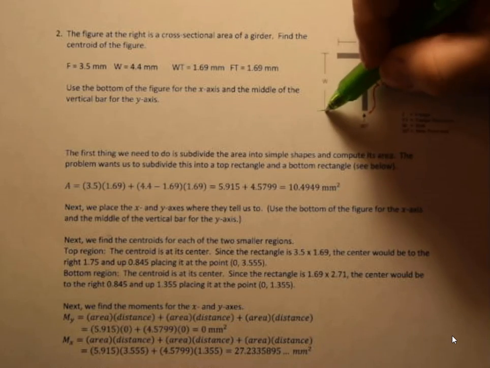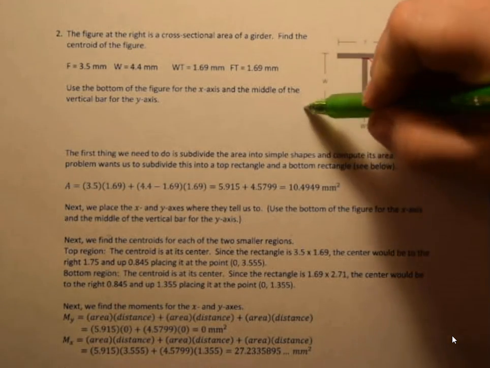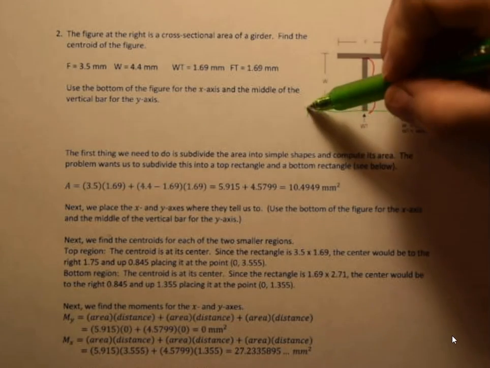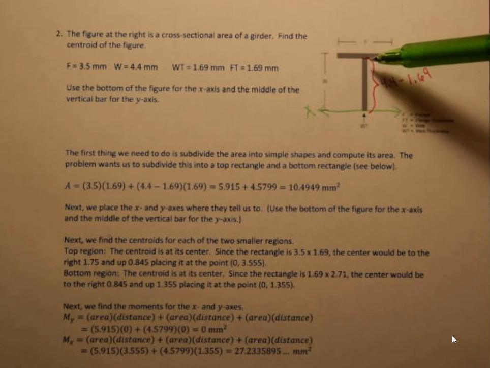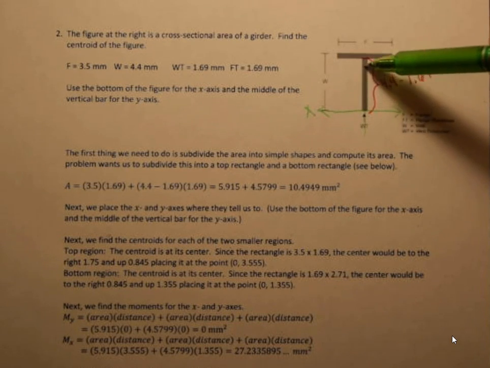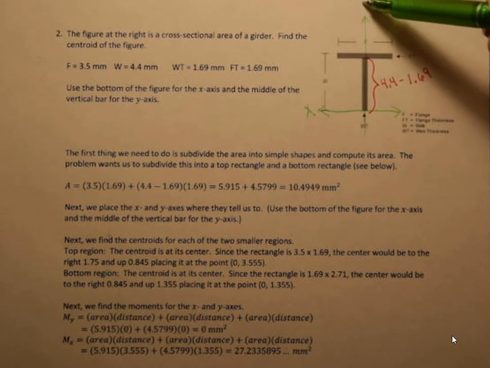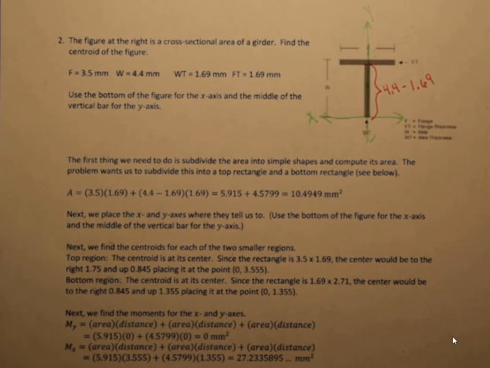So our x-axis is going to be down here, and then our y-axis goes through the center of the vertical bar, just like this. And that's exactly where I would have chosen to put the x and y axis.